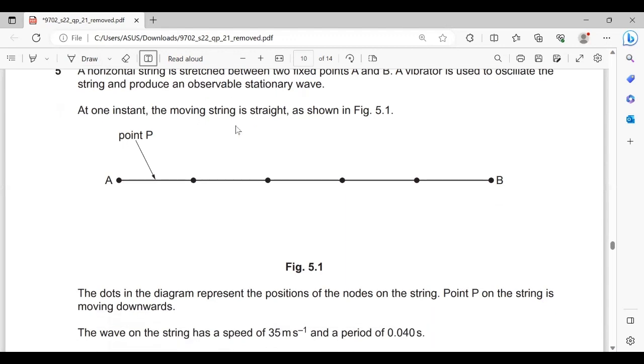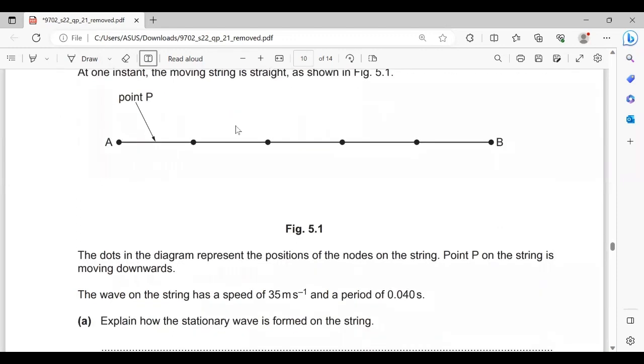The dots in the diagram represent the positions of the nodes on the string. Point P on the string is moving downwards. The wave on the string has a speed 35 meter per second and a period 0.04 second.